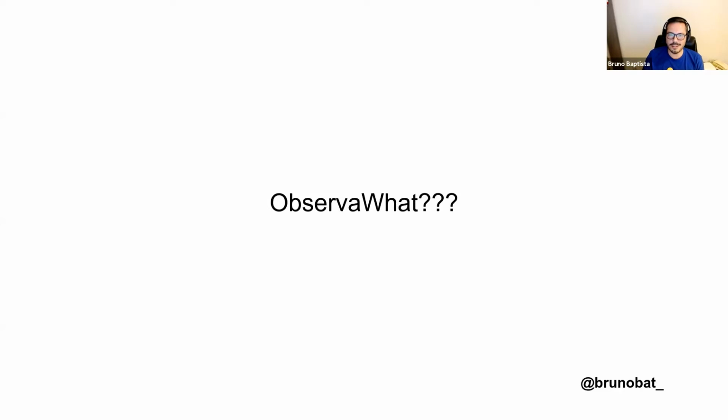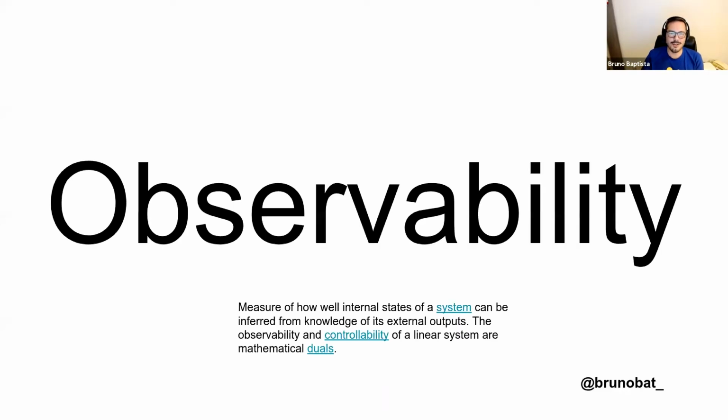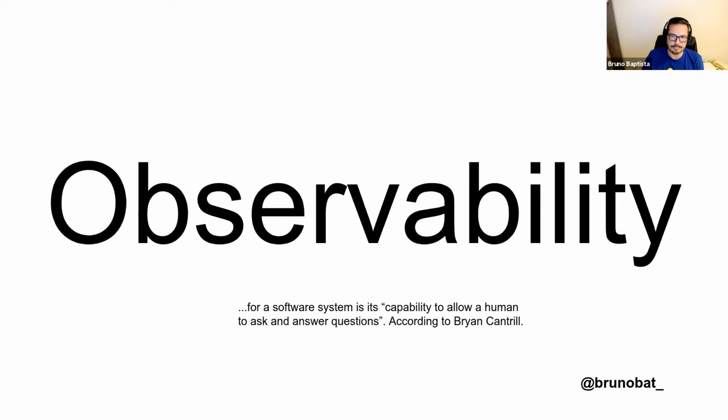It's a hard name, at least for me. So observability, the classical definition that you can find in Wikipedia, relates the concept to a measure of how well the internal state of a system can be inferred from knowledge of the external outputs. It's something that's intimately related with controllability.